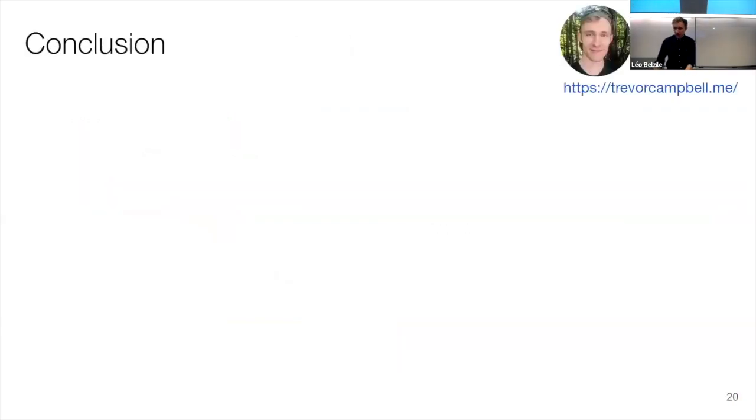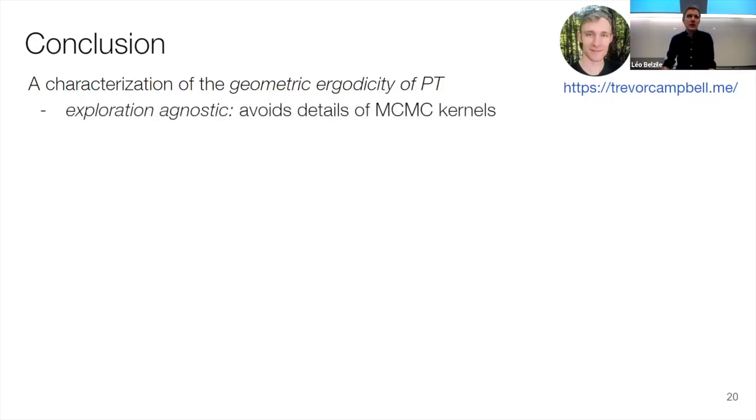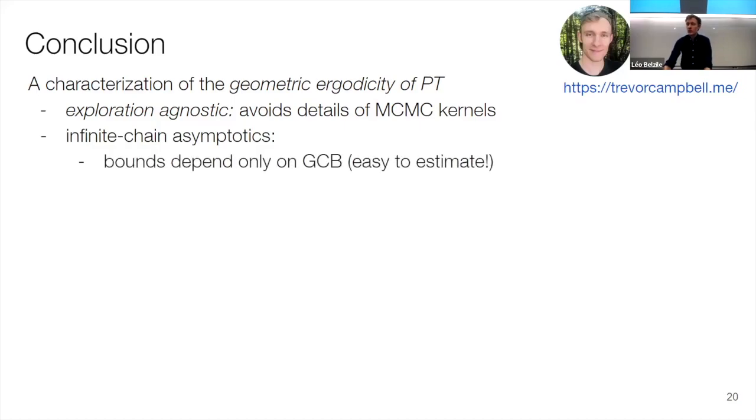Okay. I think that's it. That's where I'll leave it for today. In this work, we provided a new characterization of the geometric ergodicity of parallel tempering. It's exploration agnostic in the sense that it tries to avoid dealing with all the details of exploration kernels. We do pay a price for that. We have to make that EOA assumption. We provide results on sort of infinite chain continuum asymptotics that are quite easy to understand.